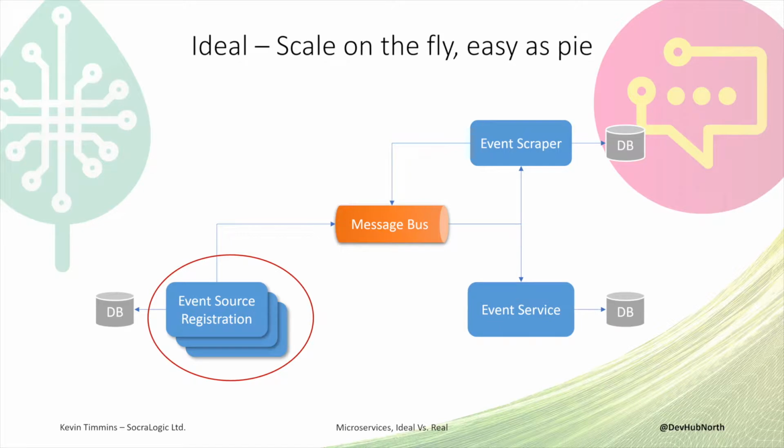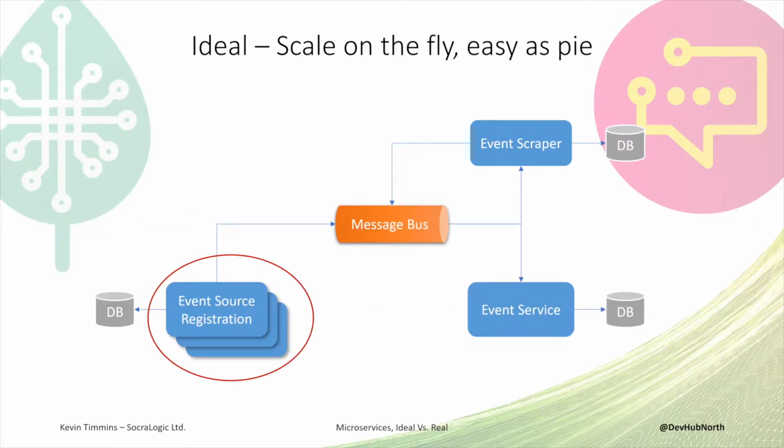That's an ideal we're sold about microservices: easy to scale whenever we need them to. If we see that there's demand for a particular part of the system, then we can scale the service around that to meet the demand.